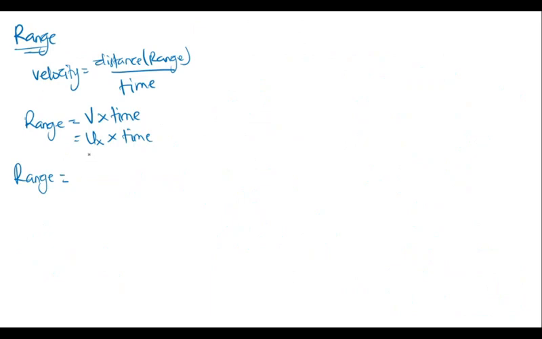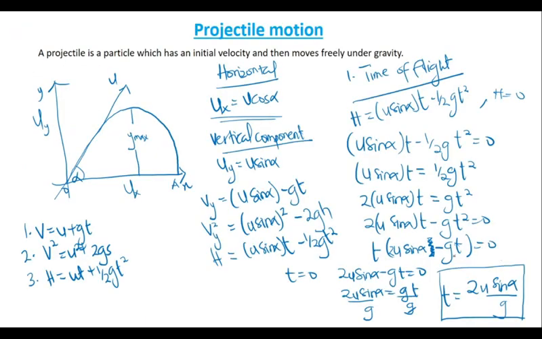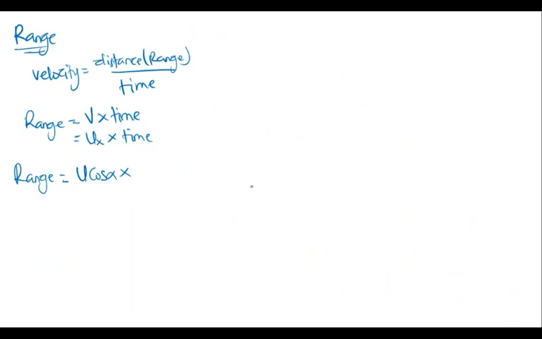So let's go ahead. We have u cos alpha multiplied by the time of flight, which is what we have over here, 2u sine alpha, all divided by g. So we substitute that, and then we have 2u sine alpha all divided by g.